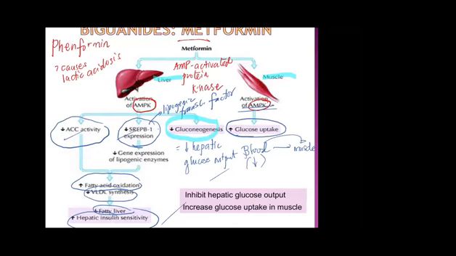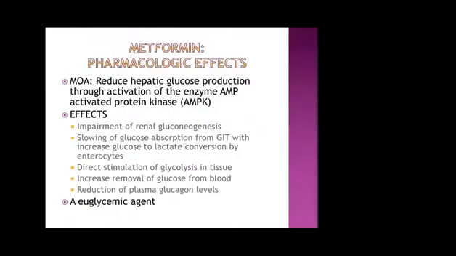So may kinalaman nga sa pag-activate ng AMP-activated protein kinase. So next, for the pharmacologic effects of metformin, so nasabi natin, it can reduce hepatic glucose production and output by activating AMP-activated protein kinase. So the following are the effects, although na-discuss na natin yung iba dito earlier. Number one, impairment of gluconeogenesis. So by inhibiting gluconeogenesis, lesser glucose.